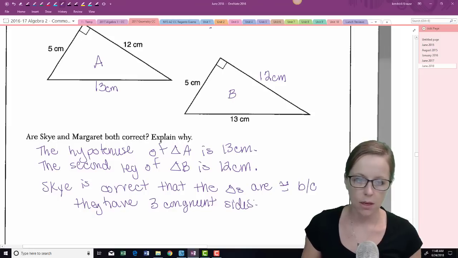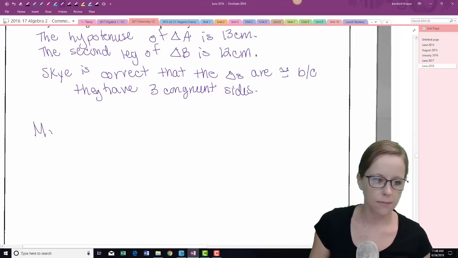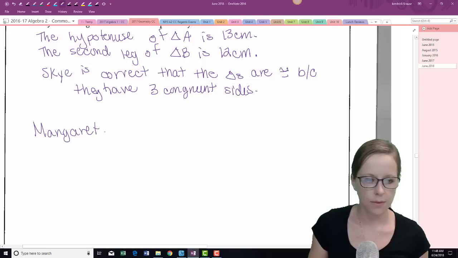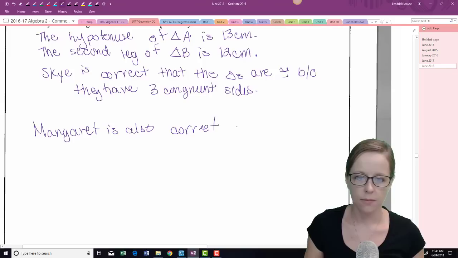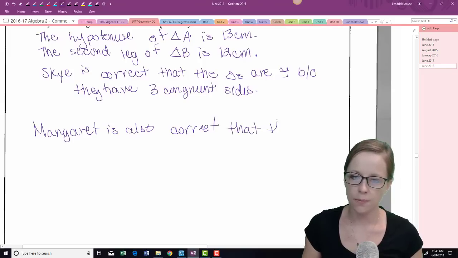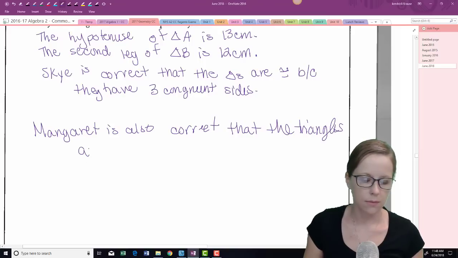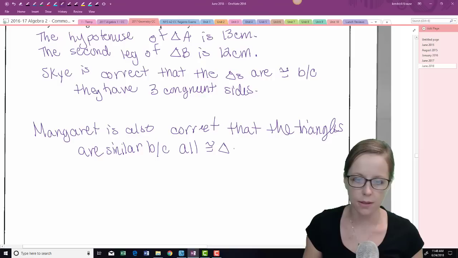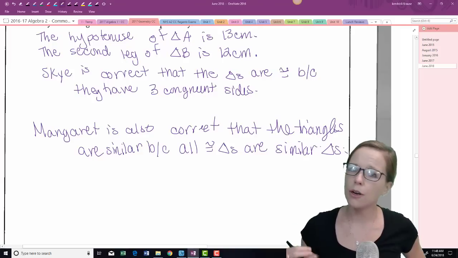Done. Then I would go on to say, Margaret is also correct that the triangles are similar because all congruent triangles are similar triangles. Okay? Be thorough in your explanations.